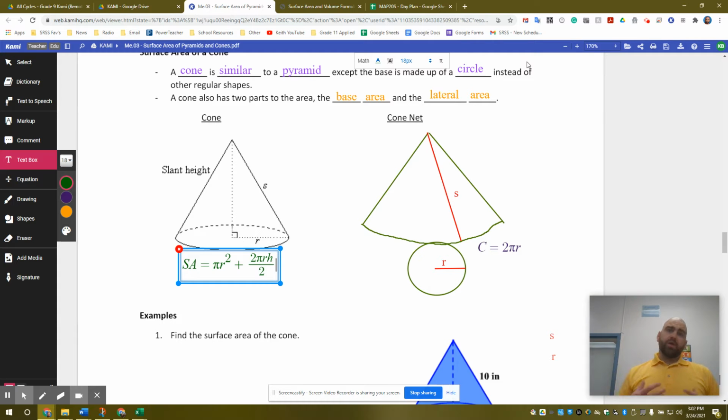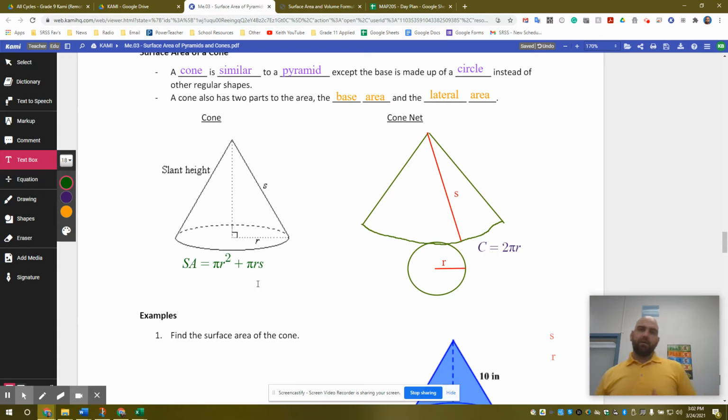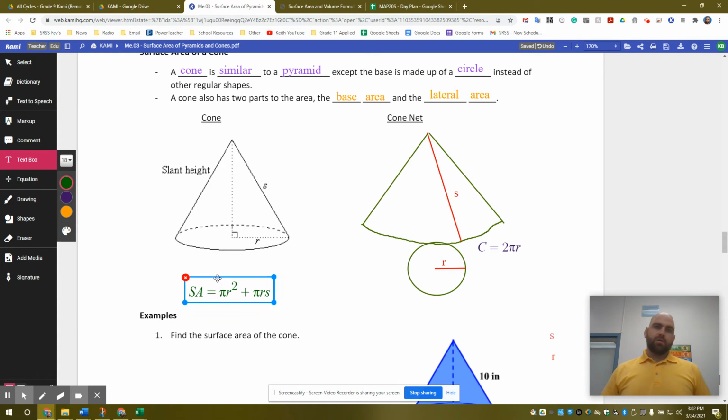That h is actually the slant height, so we change it to s: 2 pi r s divided by 2. We have 2 over 2, and we can cancel that out, so we're just going to have pi r s. That gives us the lateral area of our cone.